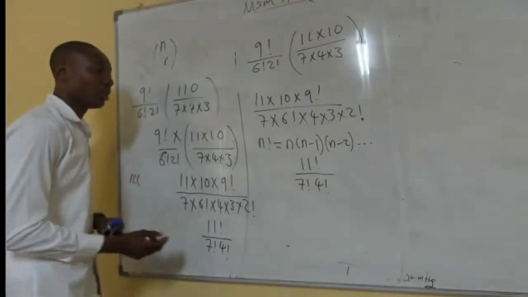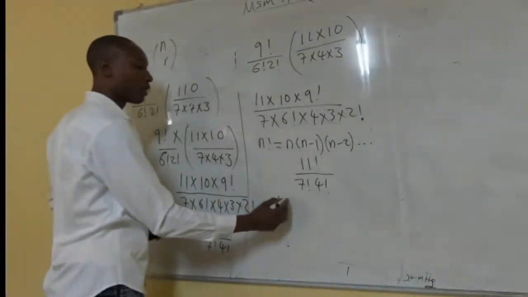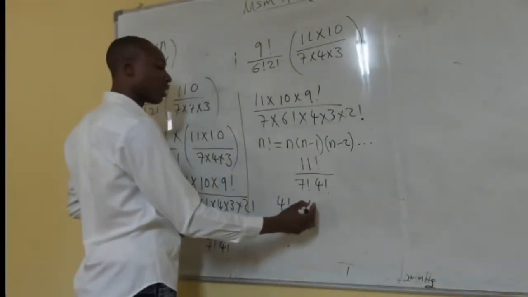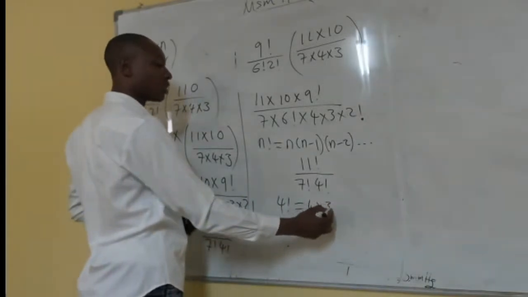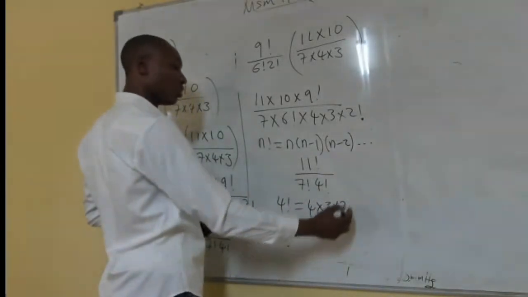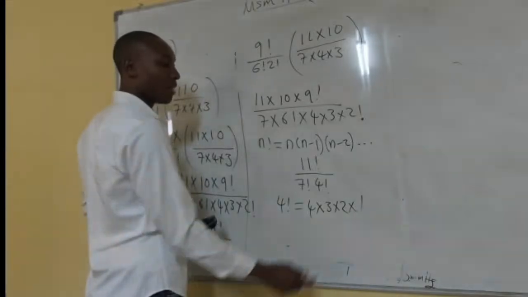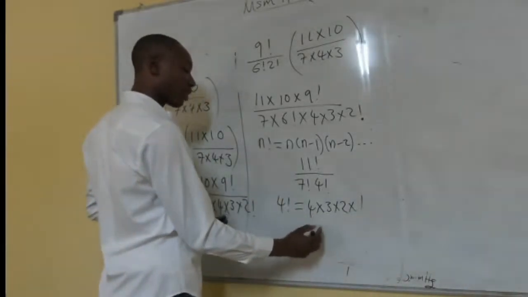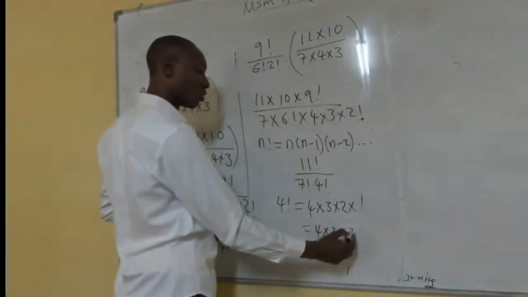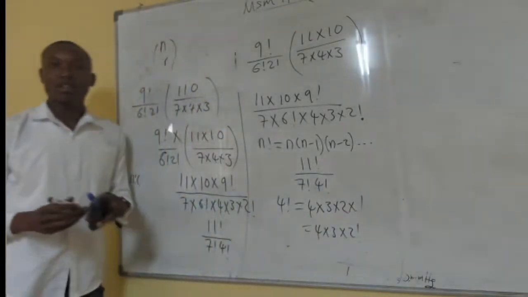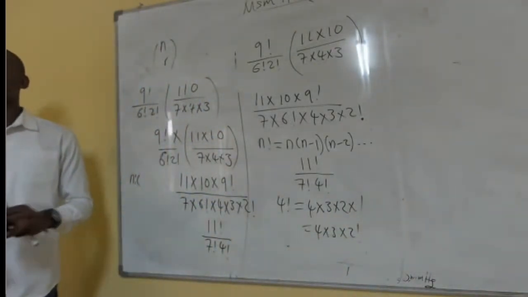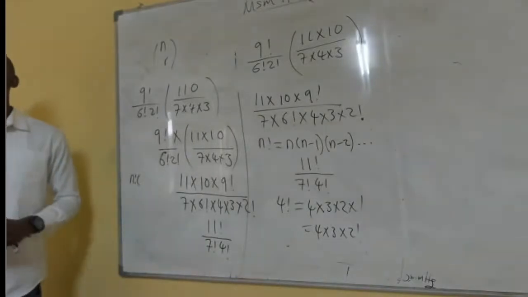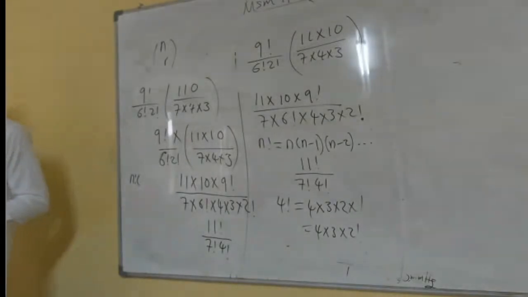Don't you agree? Okay, so we have, I'll write it here. We're saying 4 factorial is what? 4 times 3 times 2 times 1, right? But 2 times 1 can be written as 2 factorial. Remember that whenever you see the factorial, it means those values are actually descending, they keep descending, okay? So those values keep on descending.